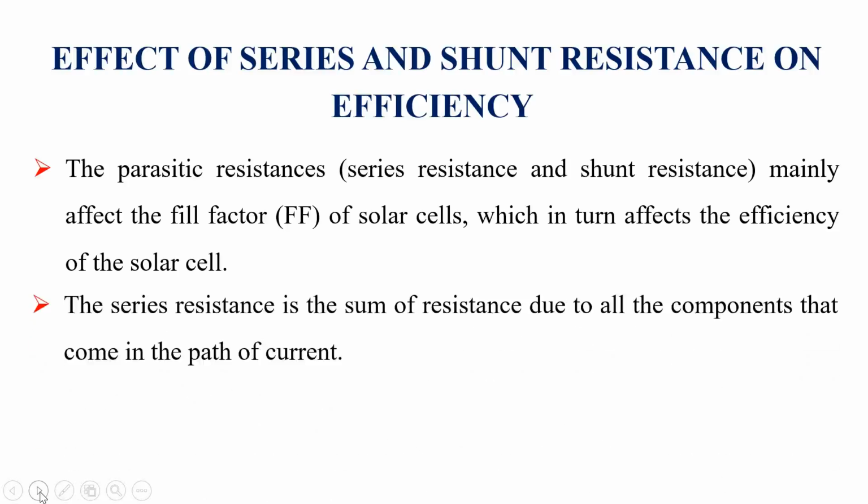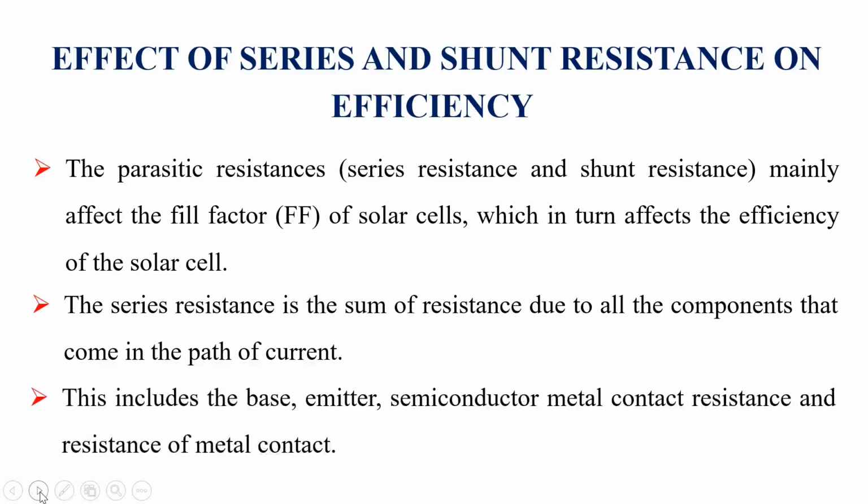The series resistance is the sum of resistance due to all the components that come in the path of current. These include the base, emitter, semiconductor, metal contact and the resistance of the metal contact.